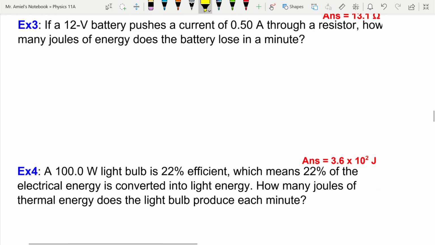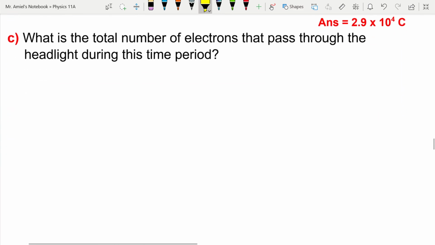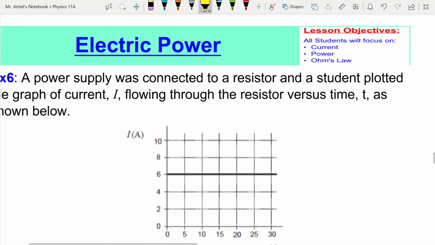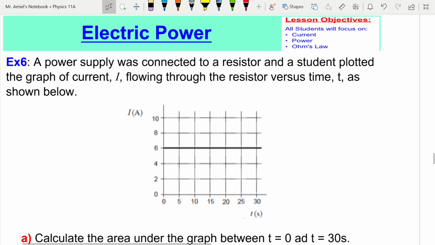Now, if we go down, there's a question where we need to interpret a graph. And again, this is something that we need to be comfortable with for any graph that we're given. So let's do a little bit of practice here. And I don't want to tell you the answer, but I'll give you a hint. So a power supply was connected to a resistor, and a student plotted the graph of current, which is I, measured in amps, flowing through the resistor versus time t as shown below.